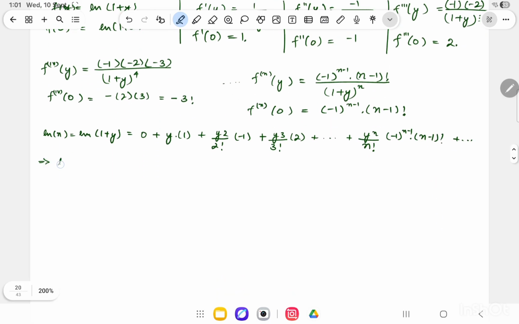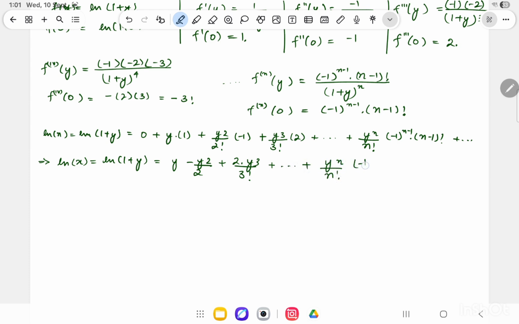So my ln x equals ln(1 plus y), which equals y minus y square by 2 plus 2 into y cube by 3 factorial, plus y raised to n by n factorial into (minus 1) raised to n minus 1 into (n minus 1) factorial, and so on.